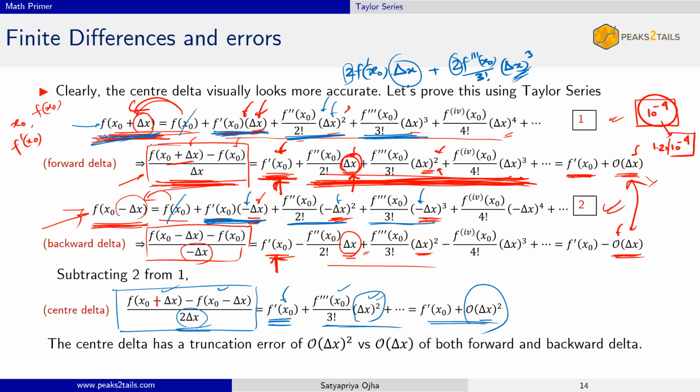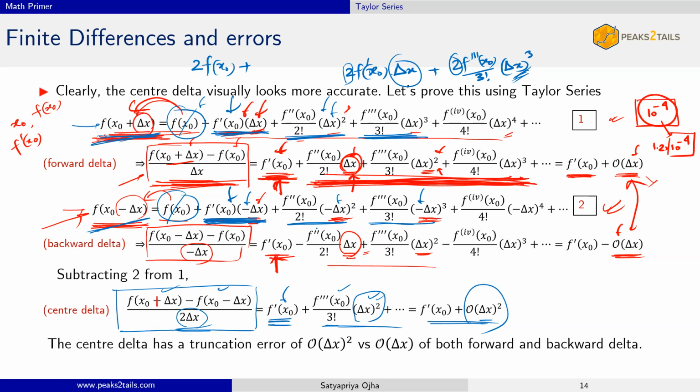F of x0 plus delta x plus f of x0 minus delta x is equal to 2 f of x0. This term and this term will cancel because f dash x0 delta x and f dash x0 minus delta x will cancel. We're just adding these two series. If you add, the first term would be 2 times f of x0. Second term, linear term will cancel.